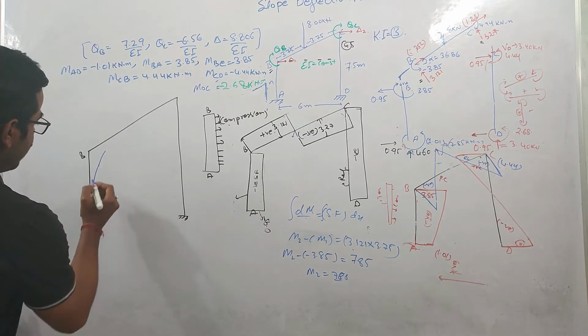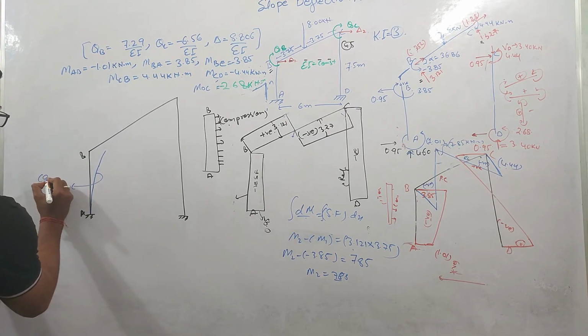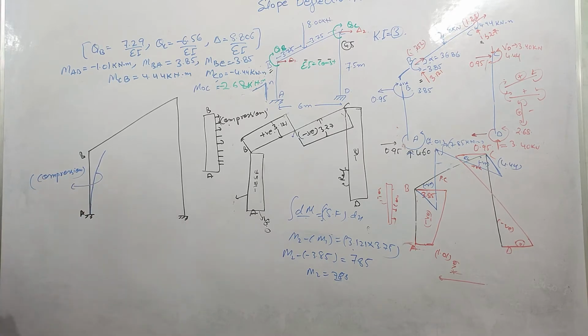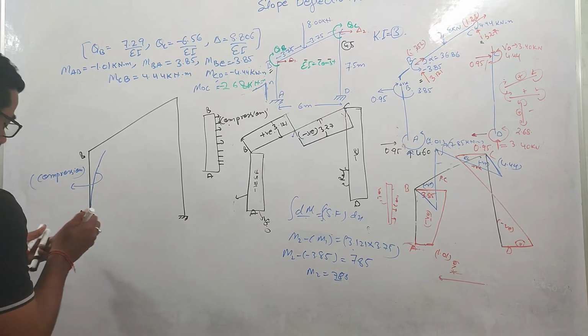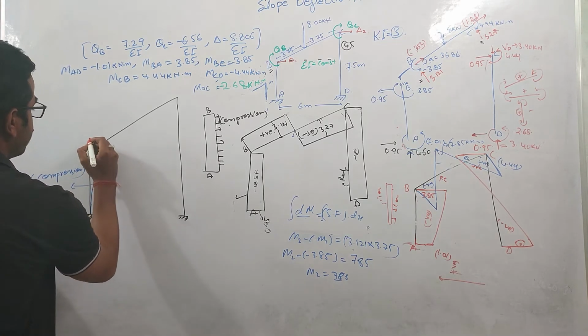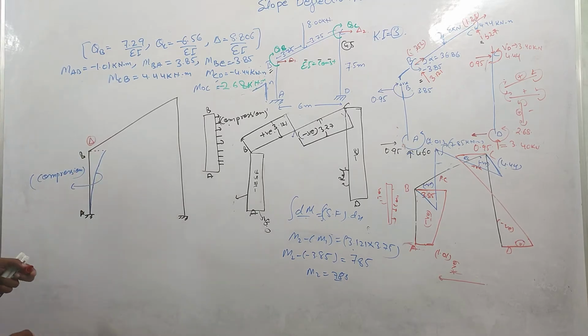So you can see that this portion is in compression, right? This delta value is nothing but the delta value which we have calculated, right?